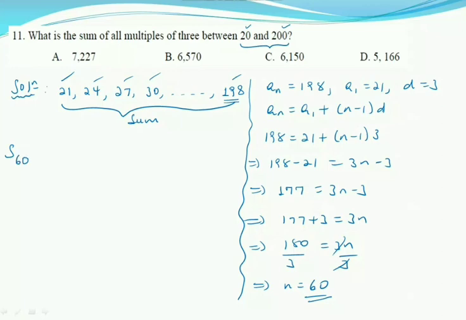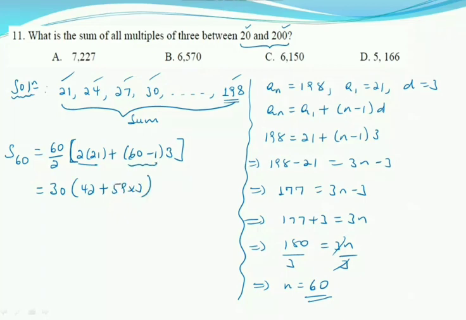So S60 is equal to 60 over 2 times (2 times the first term plus (60 minus 1) times the common difference). Applying the formula for the sum of an arithmetic sequence, we get 42 plus 59 times 3, but 59 times 3 is 177.